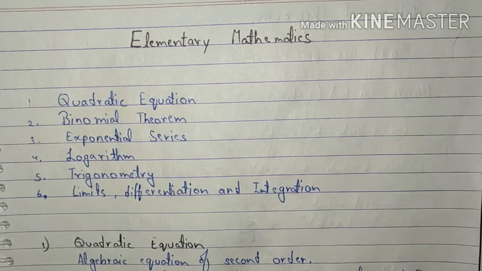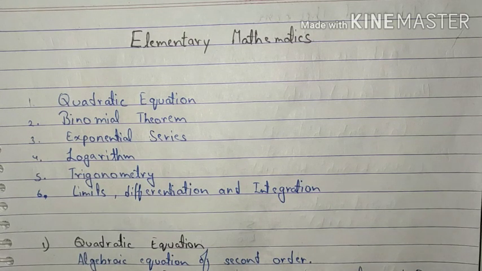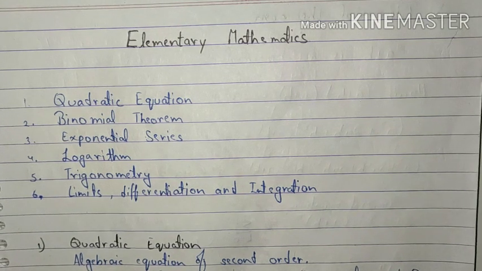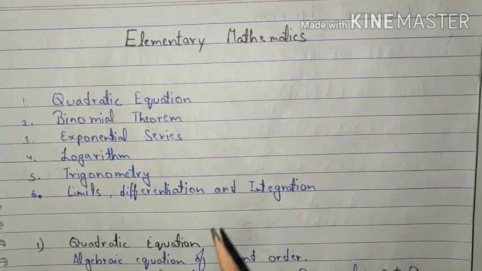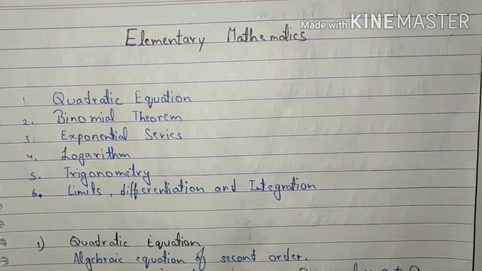Now before starting the next unit, that is kinematics, I would like to draw your attention to some basic mathematical principles or operations which we'll be using in physics. First one is quadratic equation. Then we'll be discussing binomial theorem.